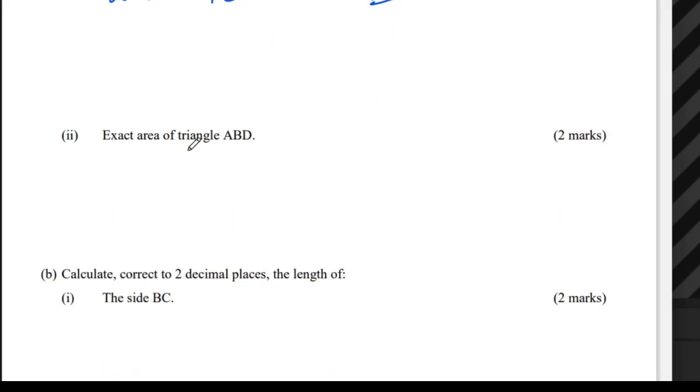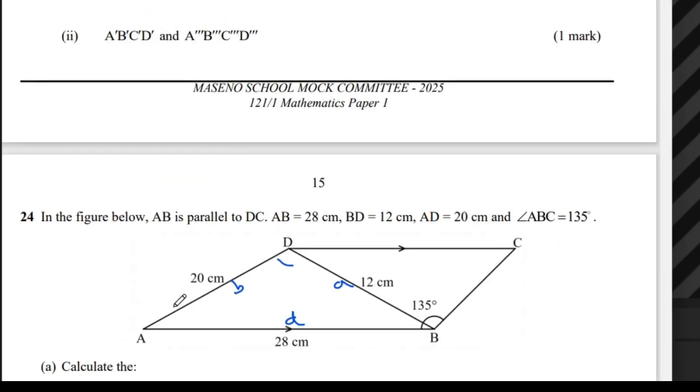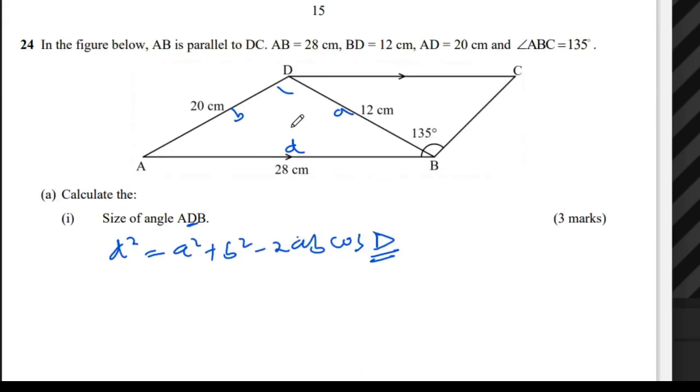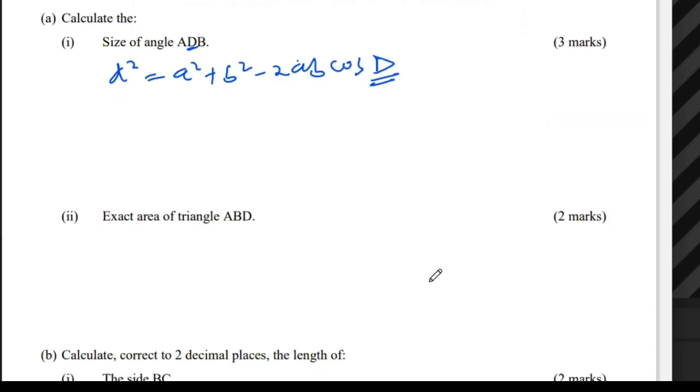Extract area of triangle ABD. So you are required to get this area here. It is very simple because we have this angle here, theta here. We are going to use a half times 20 times 12 sine D. That is simple.